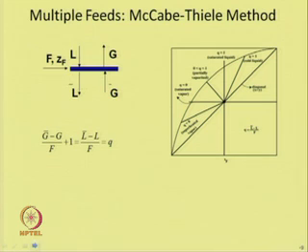Suppose this is the feed plate and we know the feed flow rate and compositions, and then we can write the slope of the Q line, which we have discussed earlier. This is the slope of the Q line.